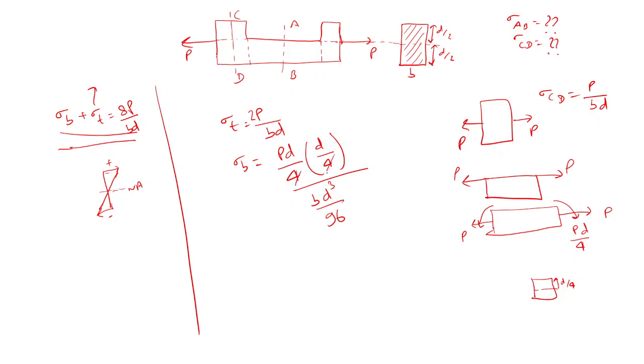Now we can simplify, it will become 6P by BD.